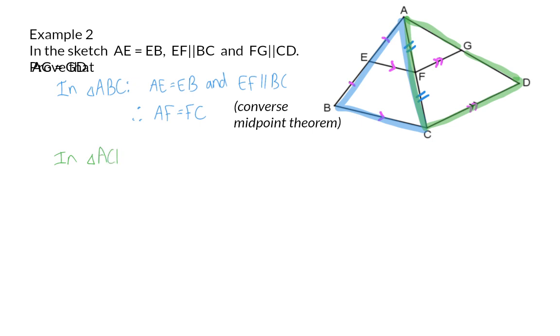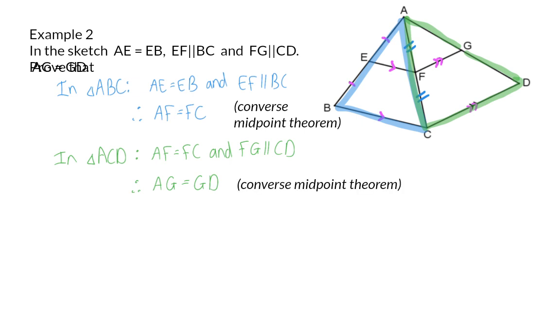Because here we now know that AF is equal to FC, and we were given that FG is parallel to CD. Therefore, AG will be equal to GD.